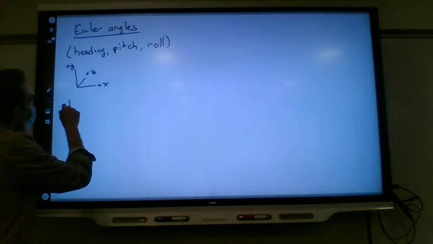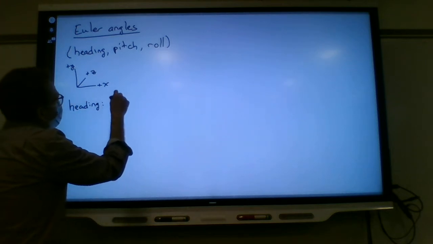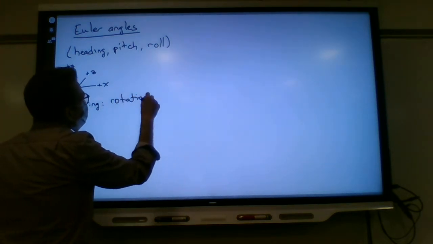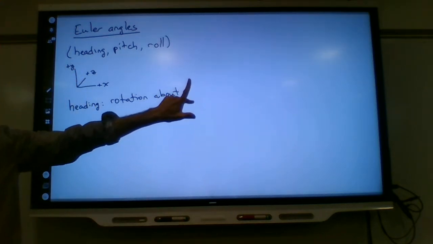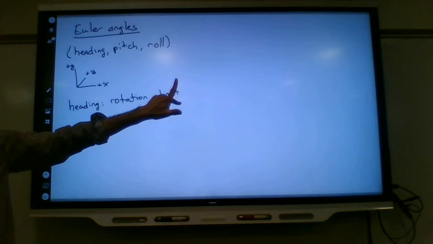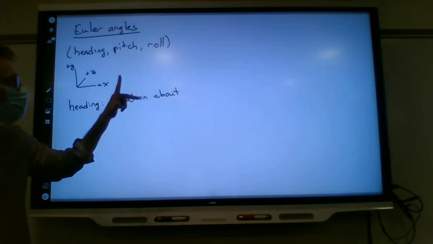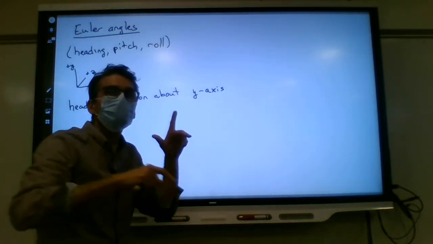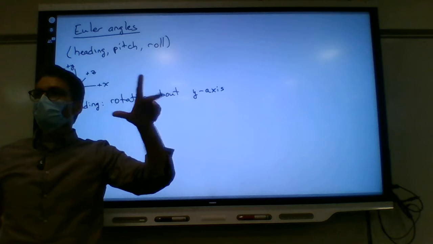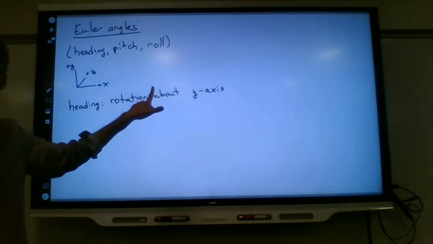Heading is rotation about which axis? That's the vertical axis. Which way is positive rotation or positive heading?